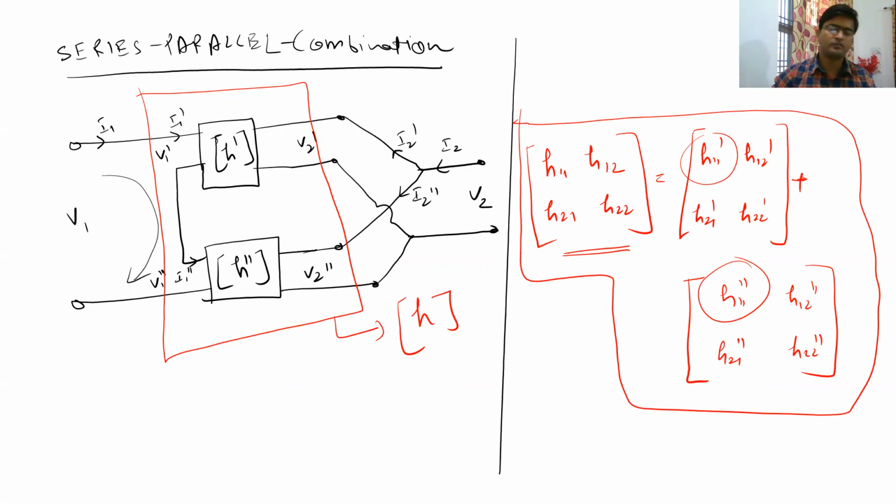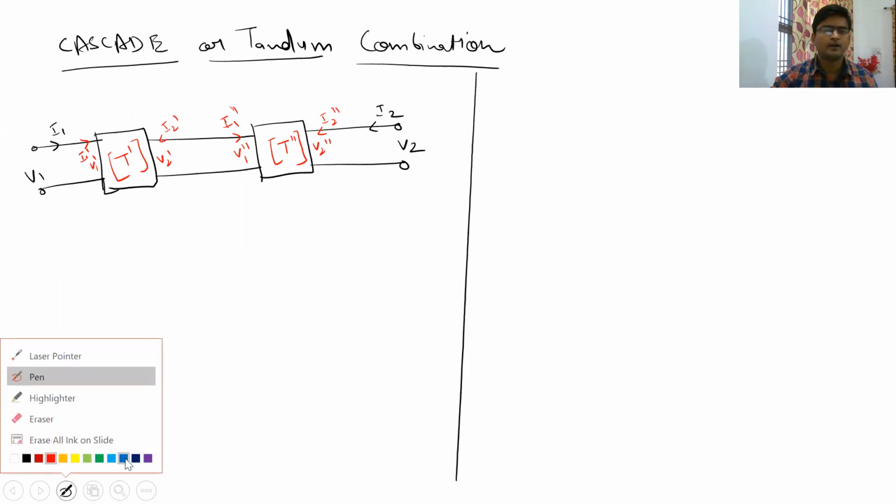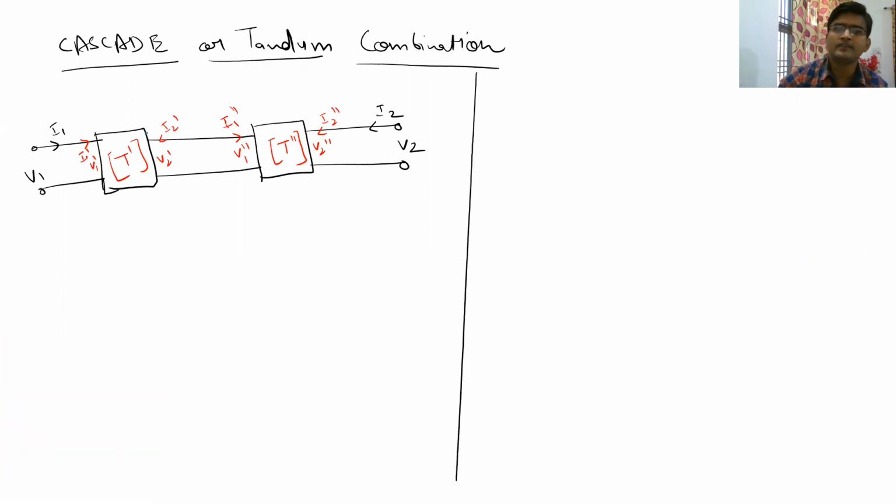So now let us move to the cascade combination. The combination that you can see on your screen is basically the cascade combination, or we can also call it the tandem combination. So the two-port networks are put back to back. Here you can see that this current I1 is basically equal to I1 dash, and it will be easier for us to represent this kind of circuit using ABCD parameters as a whole combination.